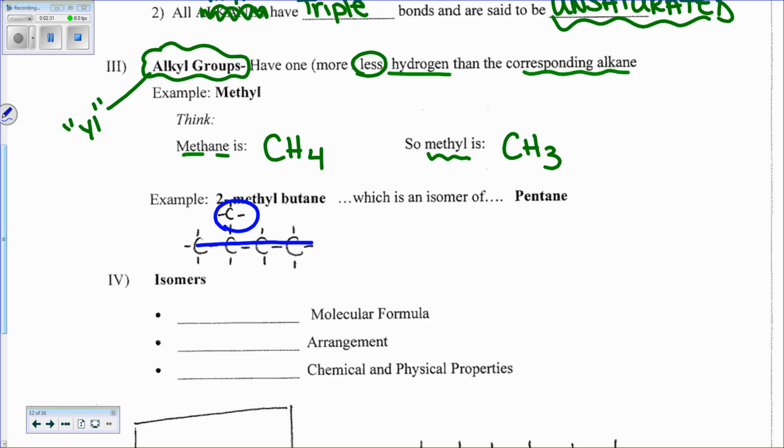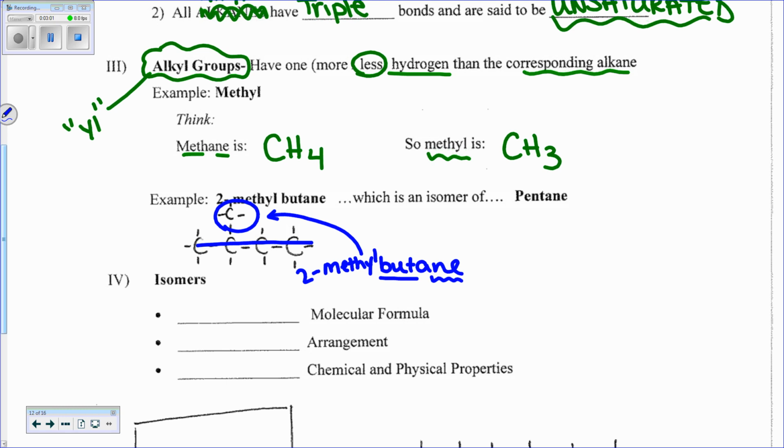So then I'm going to name my chain. I had 1, 2, 3, 4 carbons, so that's where my butane came from, the 4. Ane came from the fact that they have single bonds. And that 2-methyl, well, that methyl is telling me about that group right there, and the 2 tells me its location.